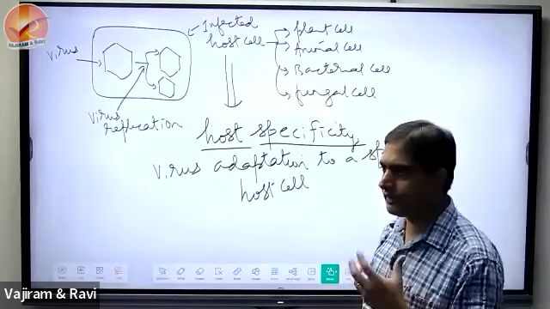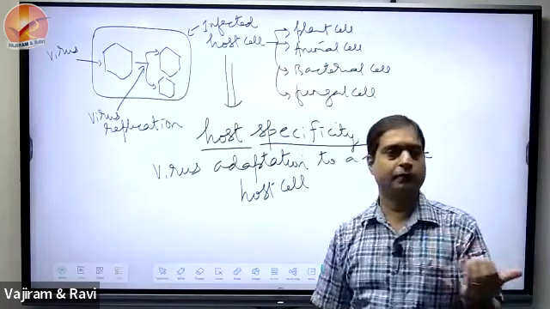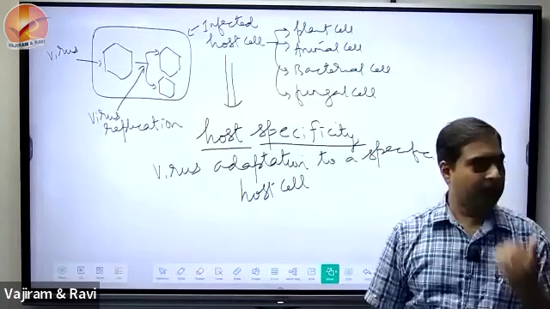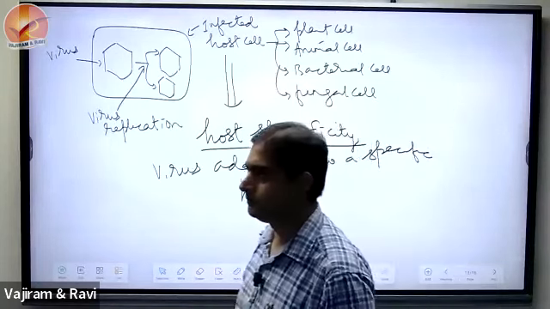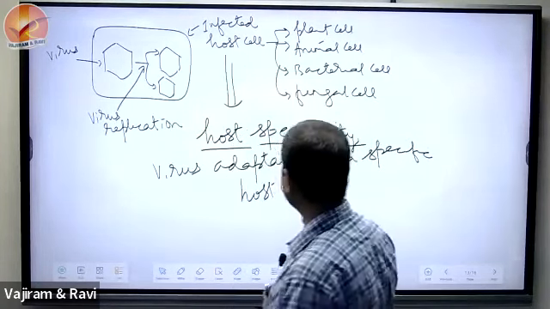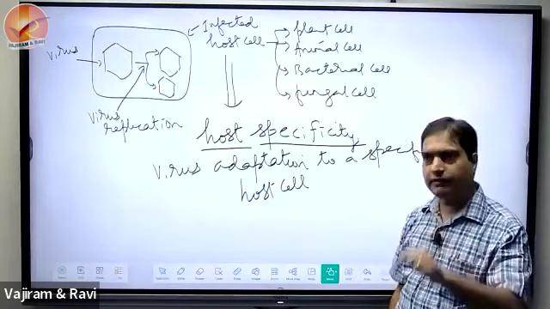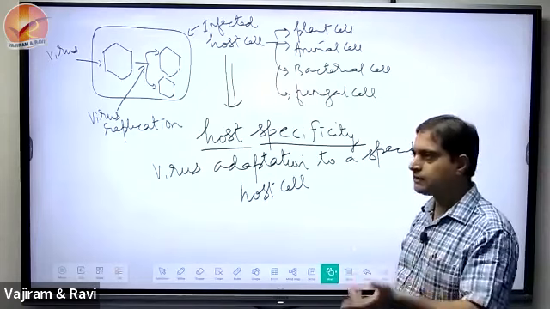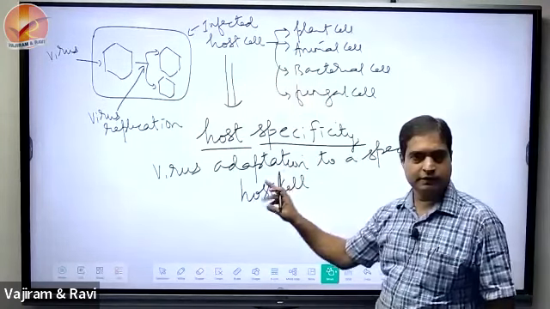There is adaptation of virus to a specific host to which it will attach, enter, and multiply. So virus attachment, penetration, multiplication into a host cell. That is known as what? Host specificity. It is not that the same virus is multiplying in plant cell, animal cell, bacterial cell. No. Virus follows a property called host specificity.